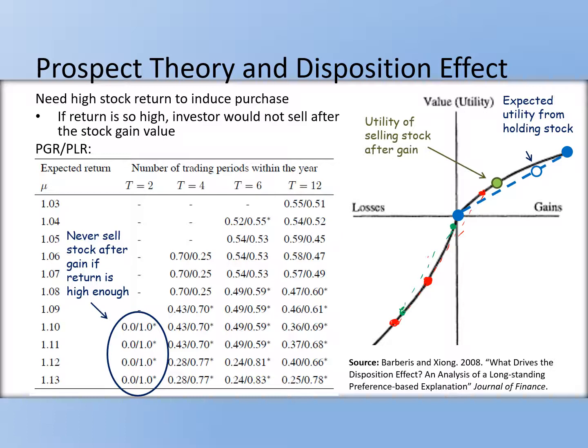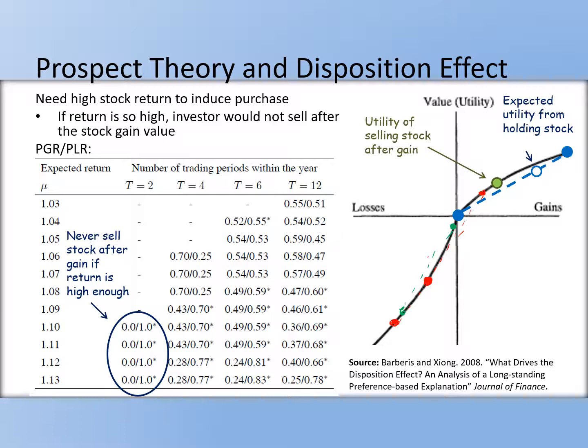In the convex region, the slope keeps going up, so you get high utility from taking on risk. But once you extend yourself to the gain region, this slope starts to go back down, and the utility you get from taking on risk also goes back down. So the optimal strategy is not to extend yourself over to the gain region after you have lost.